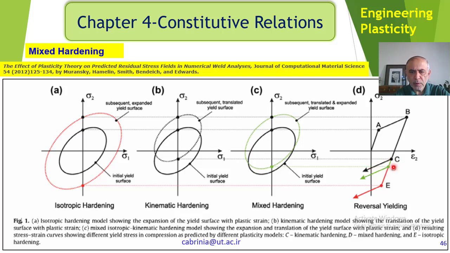And then D is for the mixed case, which again here you see that yield in compression and yield in tension are very different, and so we get that much. And for the isotropic one, the yield in compression and yield in tension are the same, that's the elastic unloading, and we get the same point here as there.